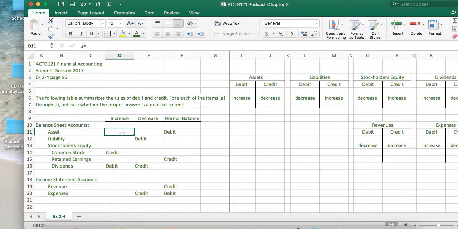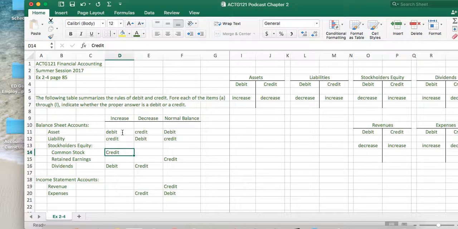So an asset will increase with a debit and decrease with a credit. Its normal balance is the increase side, or the debit side. A liability will increase with a credit. That was already given, that it decreases with a debit. The normal balance is a credit.